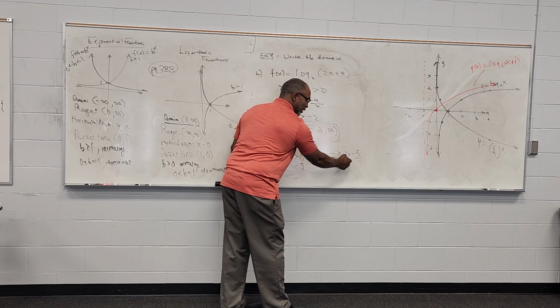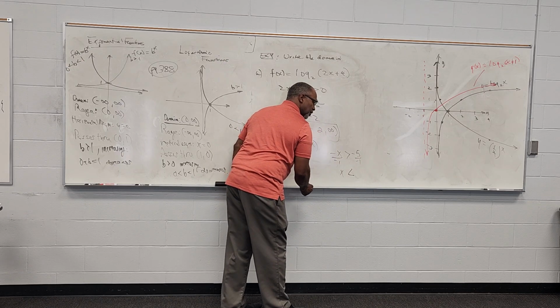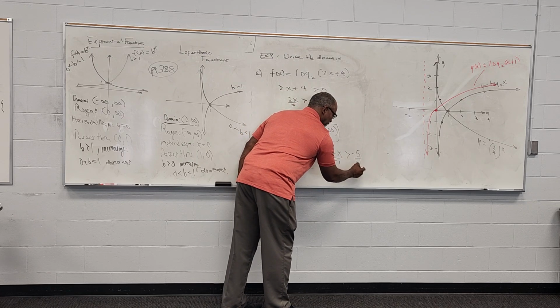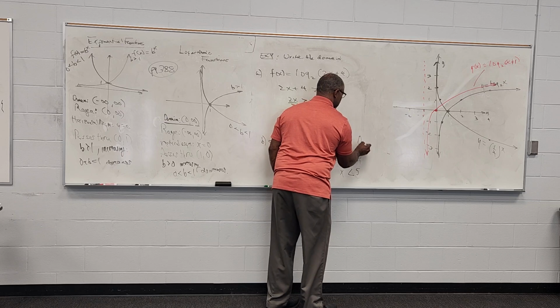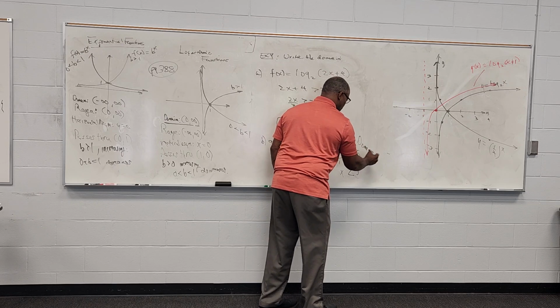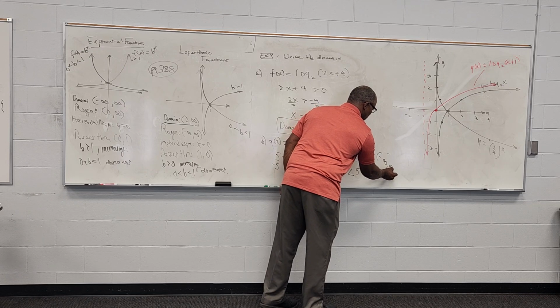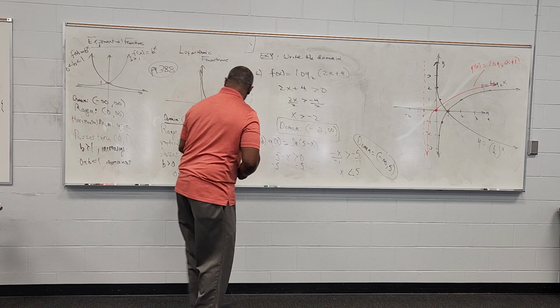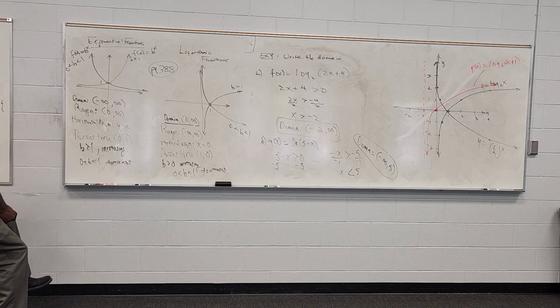When you divide by a negative, the inequality changes from greater than to less than. So x is less than negative 5 over negative 1, which is positive 5. So the domain of g, everything less than 5, will be from negative infinity to 5.